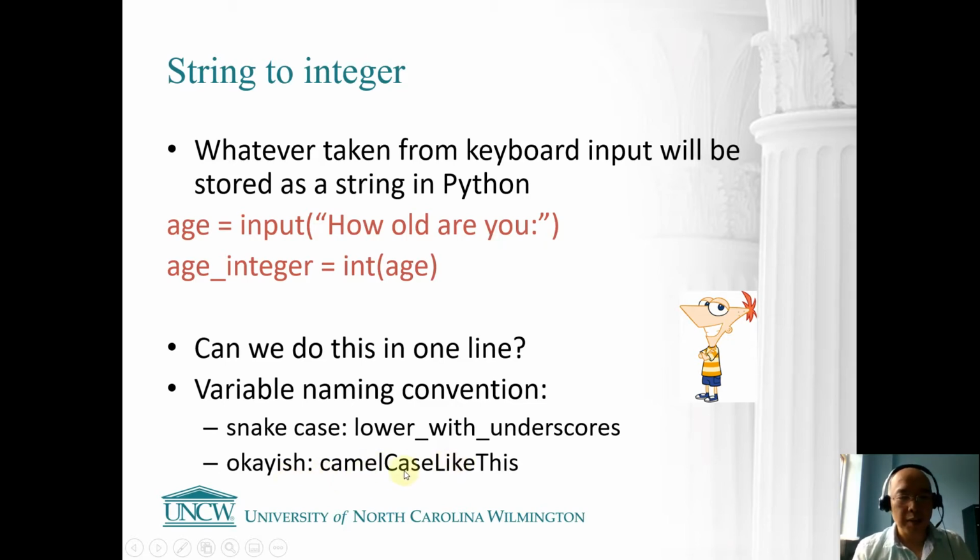So this is camel case like this. It doesn't matter really what naming style you are using, but personally I recommend you use the snake case style, which is the more common style for the Python community. And if you're doing Java, for example, the Java community uses the camel case more.